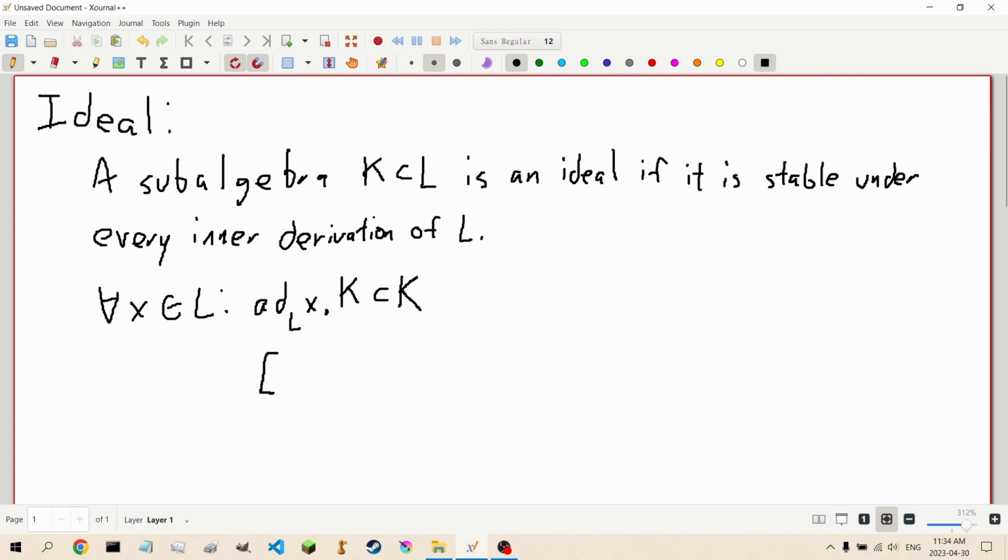And we can write this like this. Keep in mind, by anti-symmetry, this Lie bracket has to be the negative of swapping the order of the elements, and because K is an algebra in and of itself, it has to contain the additive inverse of elements.